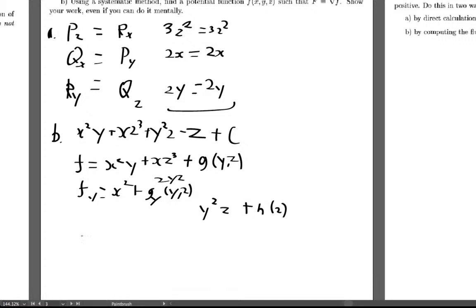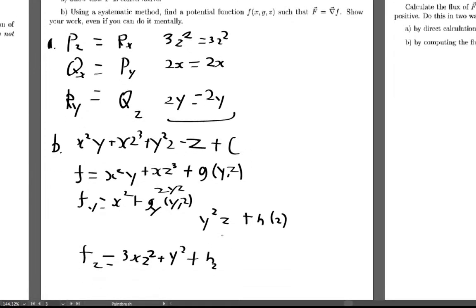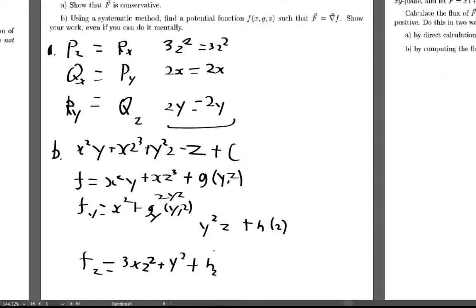And so when you do the same partial derivative, but in terms of z, it's going to be 3xz squared plus y squared from here plus h'(z). And in this case, we just figured this out to be -1.